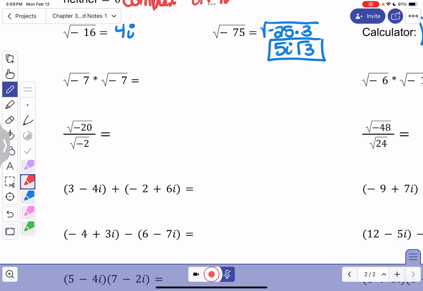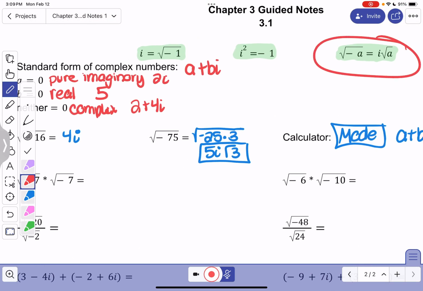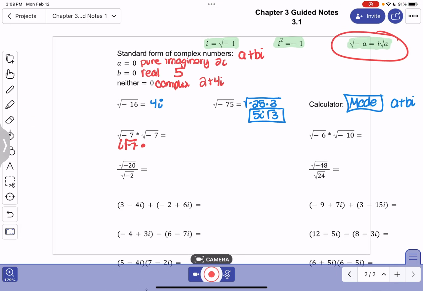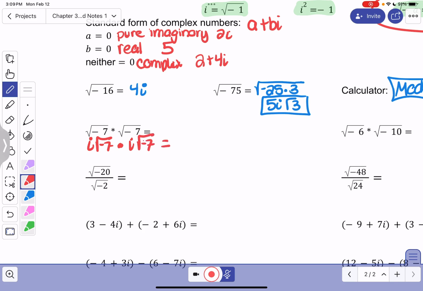So we'll show you when you get there. Okay, square root of negative 7 times square root of negative 7. Using the rule up here, where square root of negative a is i root a, this is like saying i times square root 7, and then i times square root 7. Then i times i is i squared.